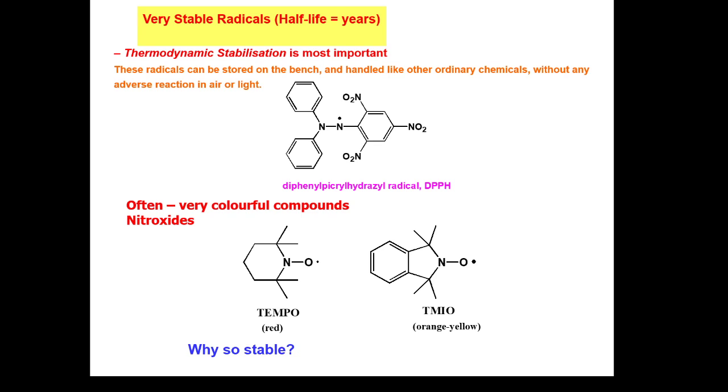Some of these radicals that we can create, as we're seeing here in this slide, are very stable compounds. They're so stable that their half-life, as it says in here, are years, which means you could put them in a container and store them just as you would store any other, sodium chloride or anything like that, for that matter.